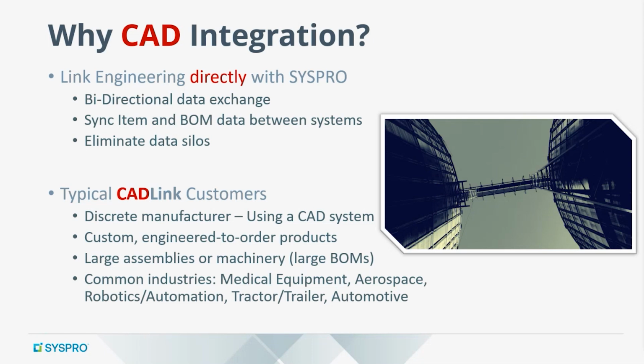And even if they don't do an update often, when they do, it's a large task, and CADLink can make it much simpler. So common industries, we see folks in medical equipment, aerospace, robotics, tractor trailer, automotive. These kind of industries often fit those three descriptors above.